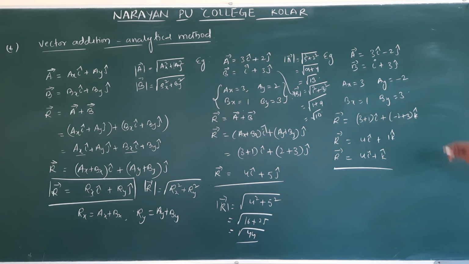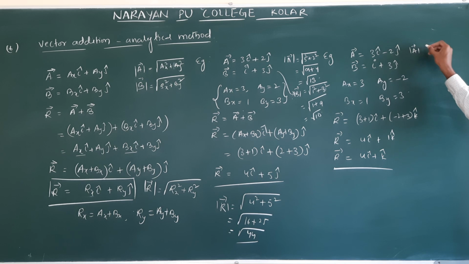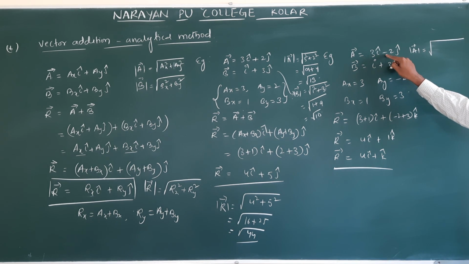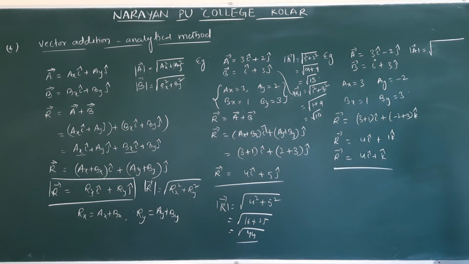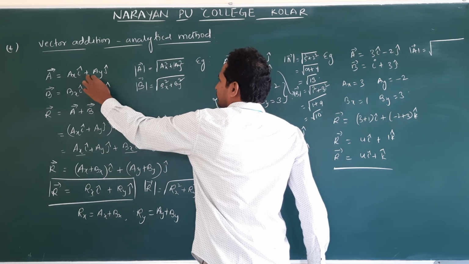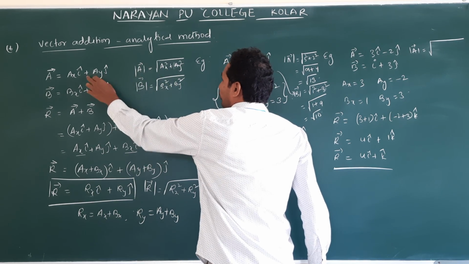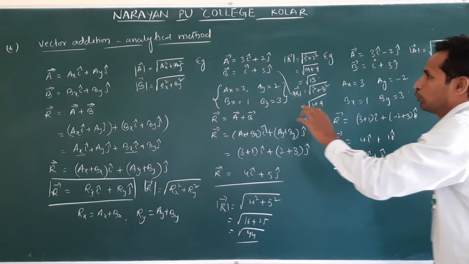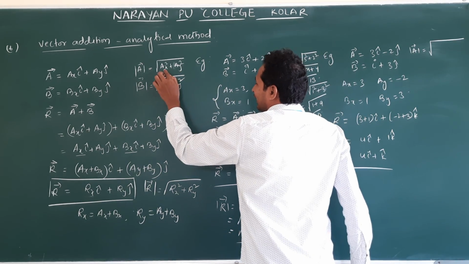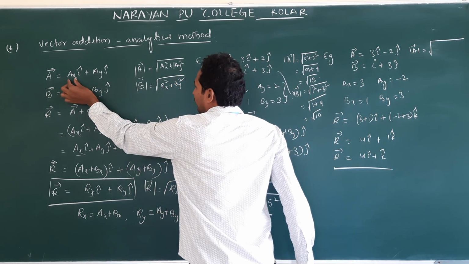Okay. For this vector, magnitude of A, then how do you write? Minus is there. Clear? Here plus is there. So don't confuse. For a plus vector, it is plus. Don't think like that. Clear? See what we are considering here. Ax is what?